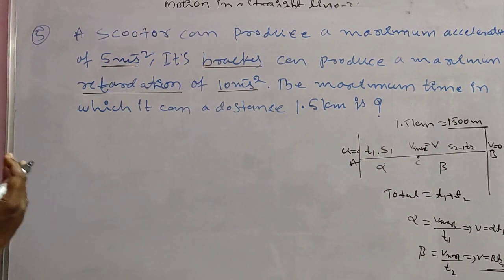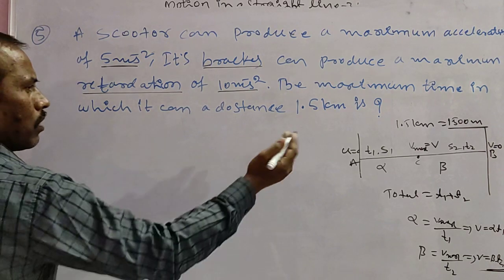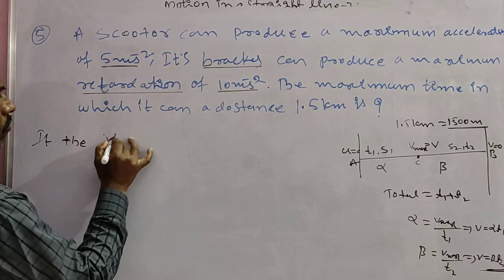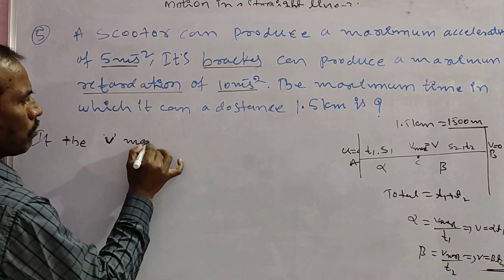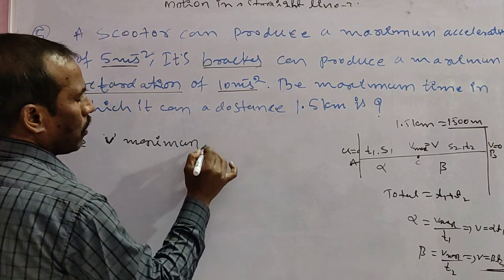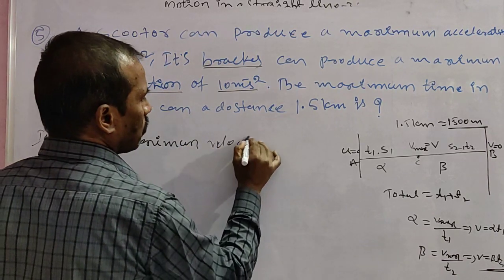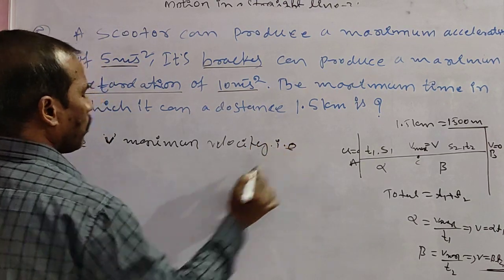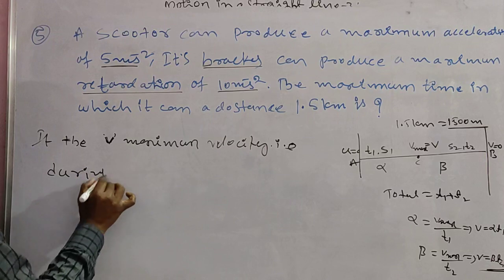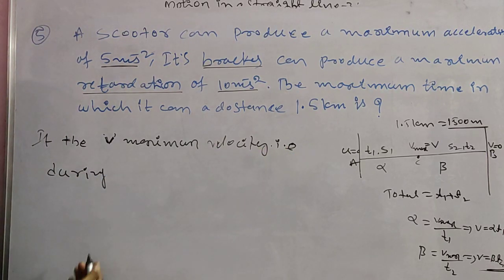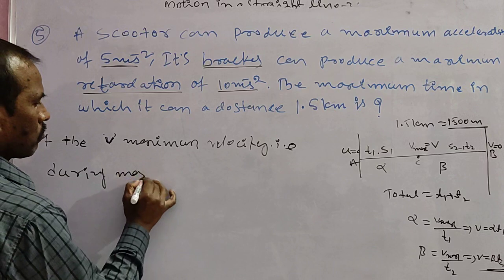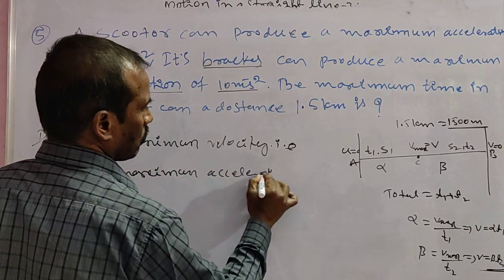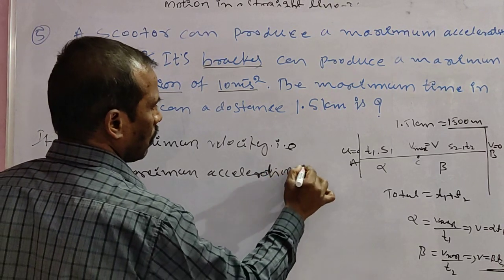Now note this one first. V means maximum velocity during maximum acceleration alpha.